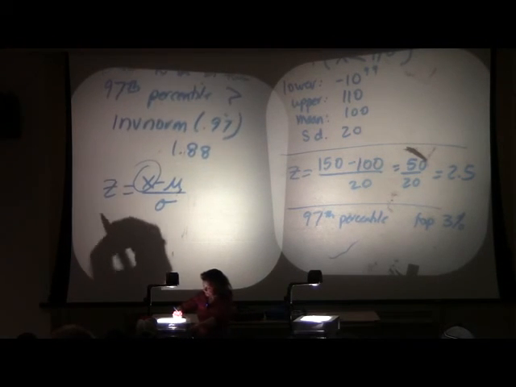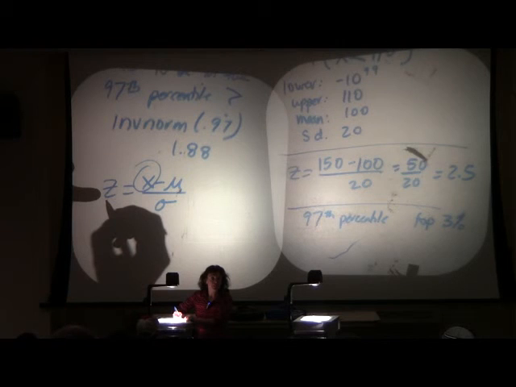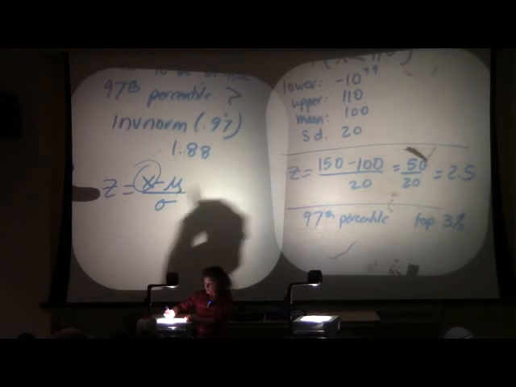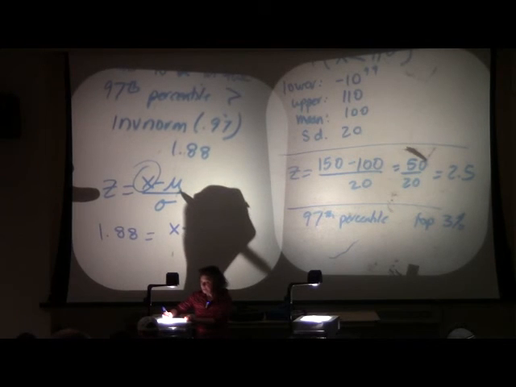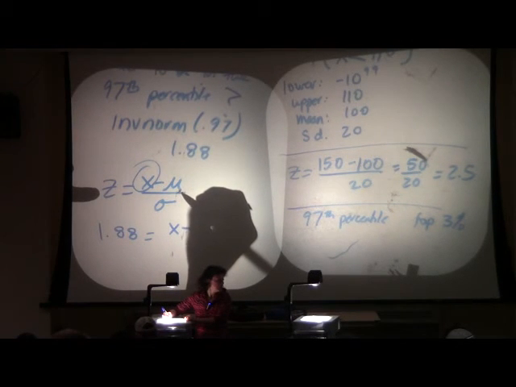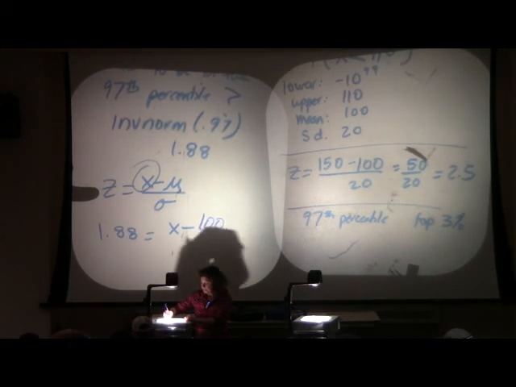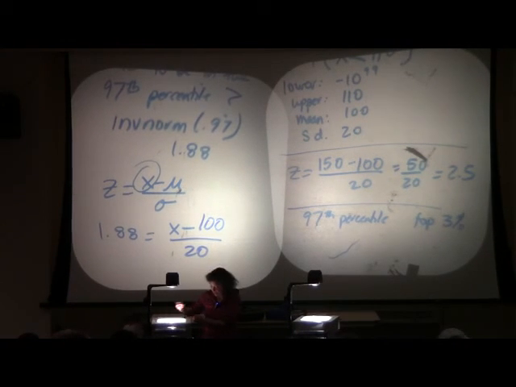Cool, me too. What is my z? 1.88 equals x minus, what's my mean? 100. And my standard deviation is 20. How do we solve this, you guys?